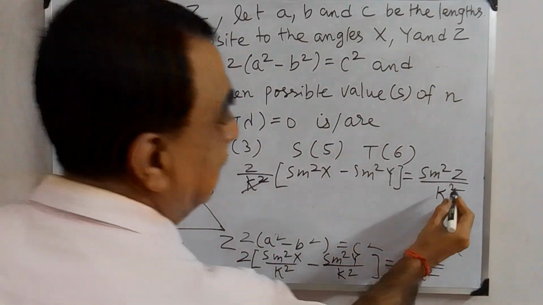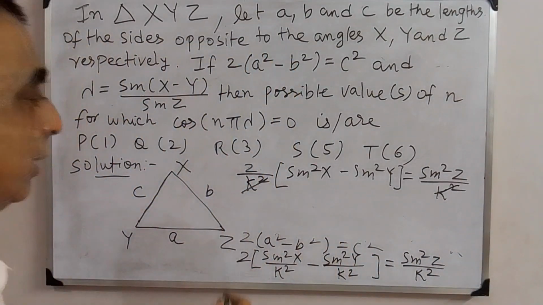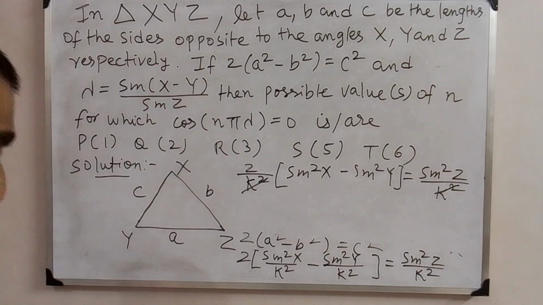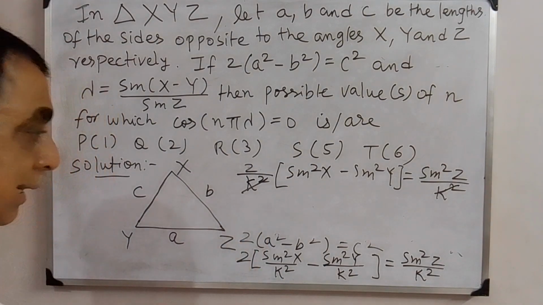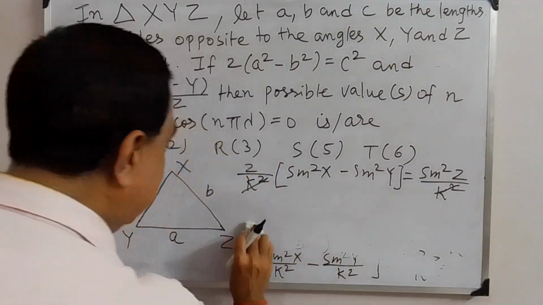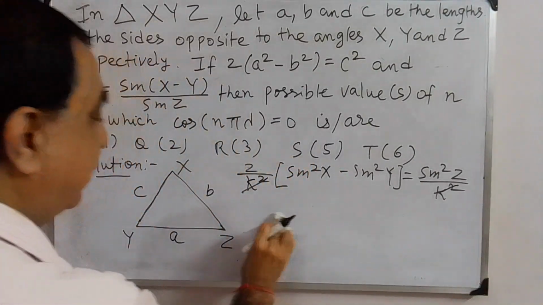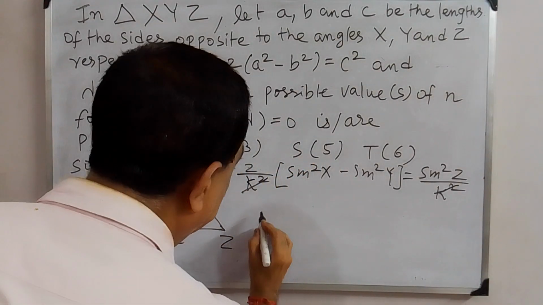Now k squared and k squared we are cancelling from both sides. So this is the relation between the sines of the angles. And we know a formula for this that we will be using here.